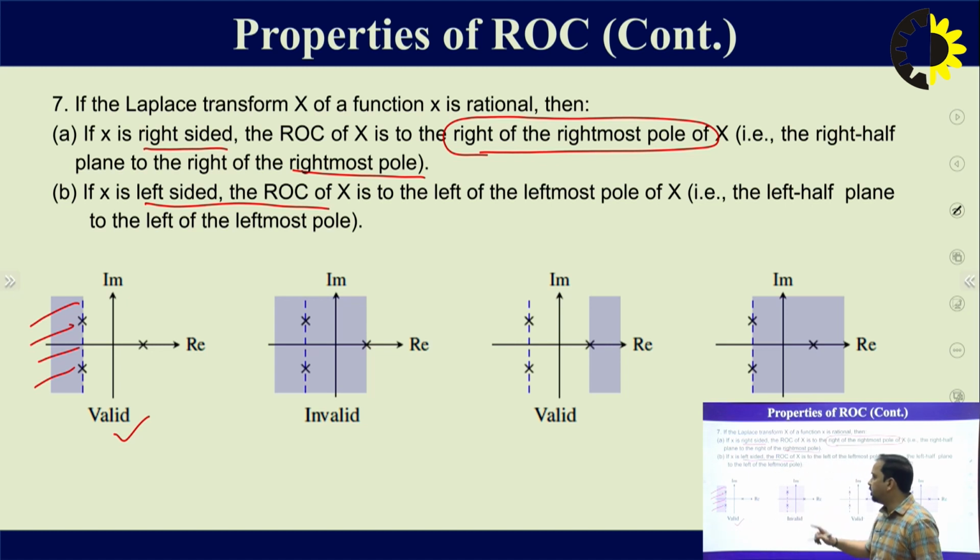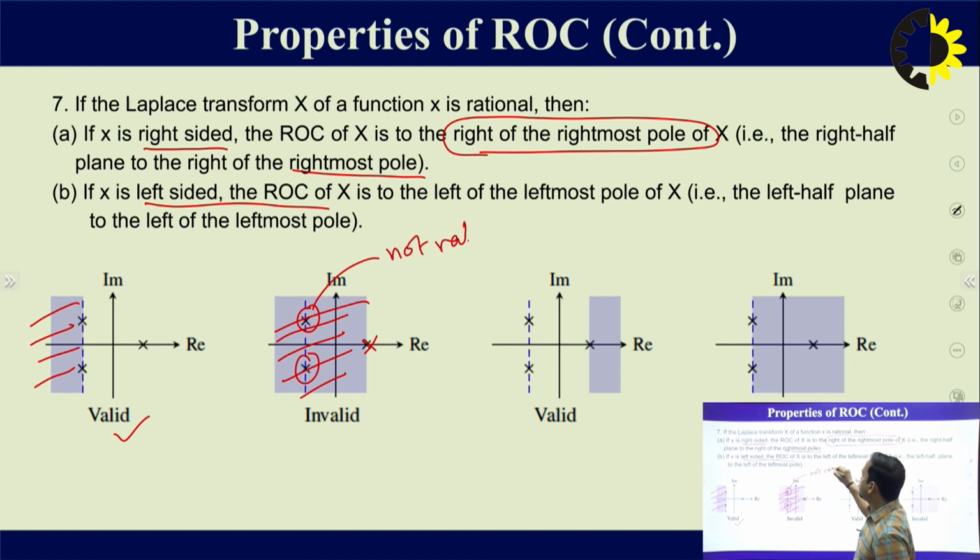Similarly, in this one, someone has marked this as the location of poles and this as the ROC. But we are aware that if the signal is a left sided signal, the ROC will be to the left of the leftmost pole, meaning it has to be this way. This one contains poles, which is not valid, because the ROC does not contain any pole.